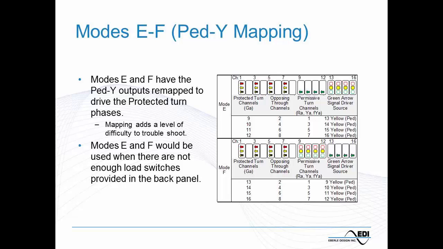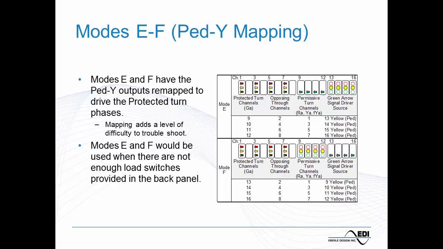All right? So as this cabinet cycles, the controller will be driving the Ped yellows of the pedestrian load switches. The monitor is going to be monitoring them as channel 13 through 16 green.